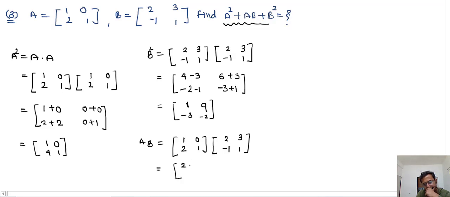So your AB is [2, 3; 3, 7]. Now you want to find A square plus AB plus B square.